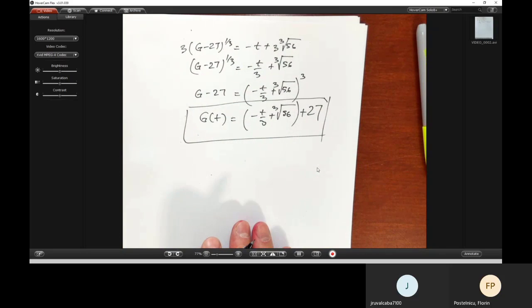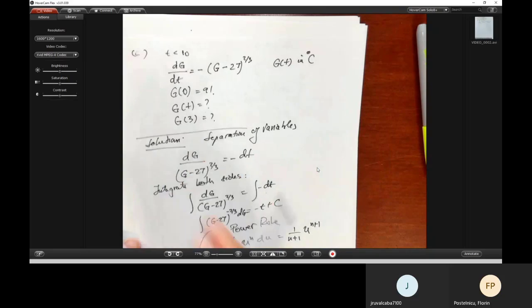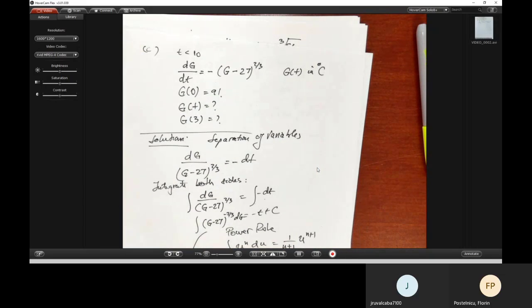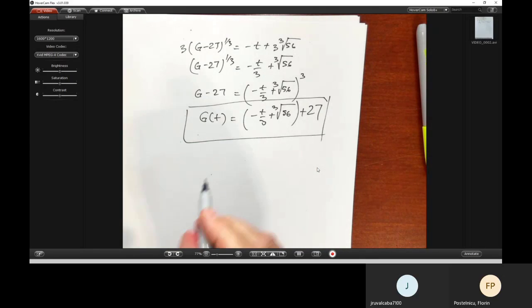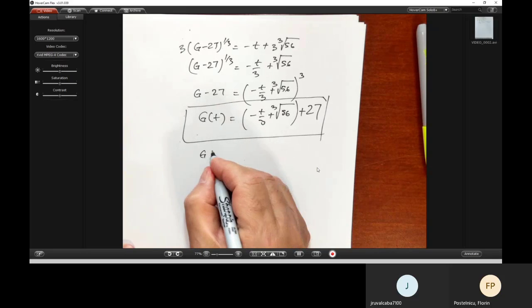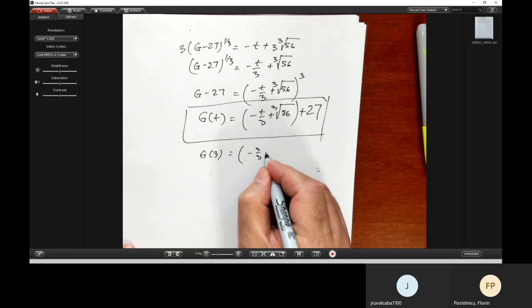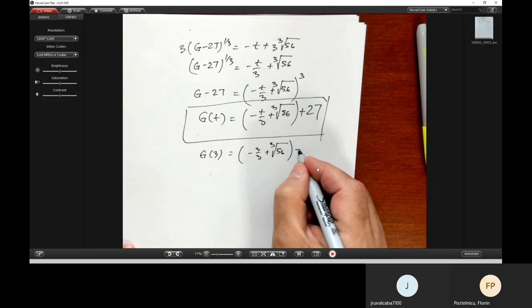Now, you see the steps through which I just moved on. I need g of 3. I will replace the time by 3. So I'm correcting now and placing the exponent 3.